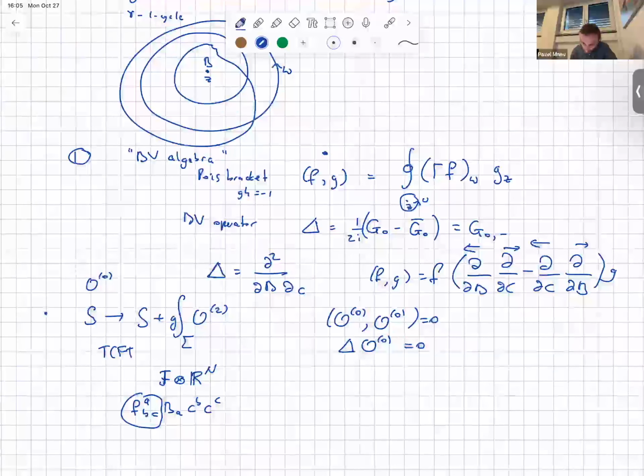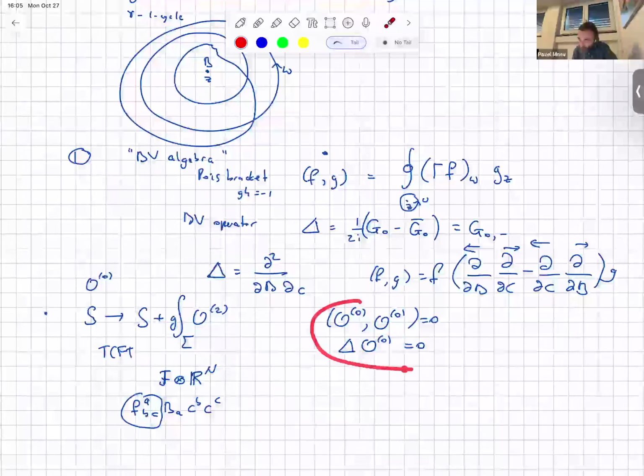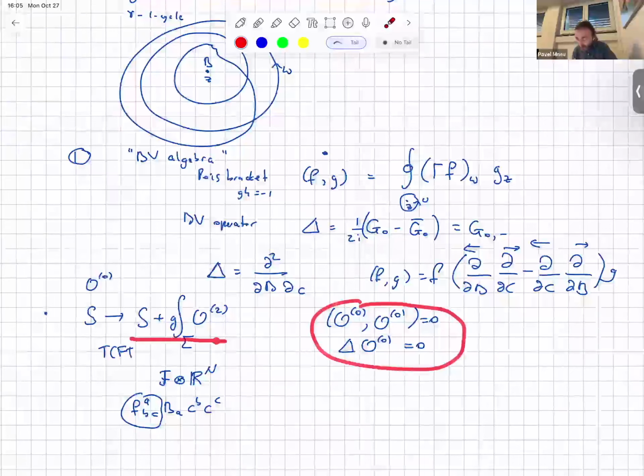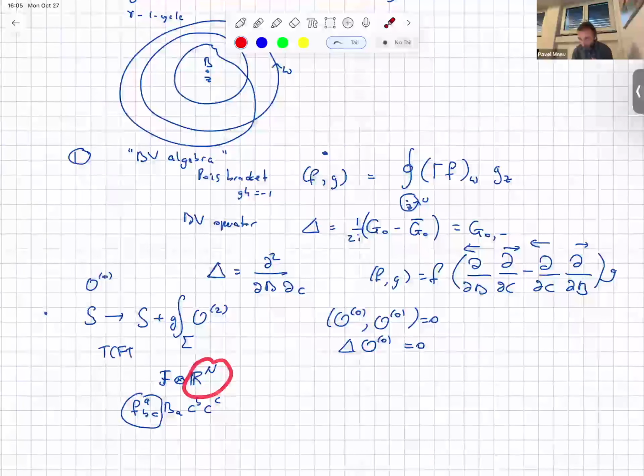coefficients of some tensor. It turns out that this observable will satisfy these properties, so will give rise to a consistent deformation of the theory, exactly when this tensor corresponds to a structure tensor of a Lie algebra on Rn.